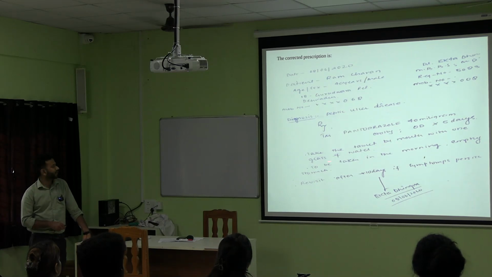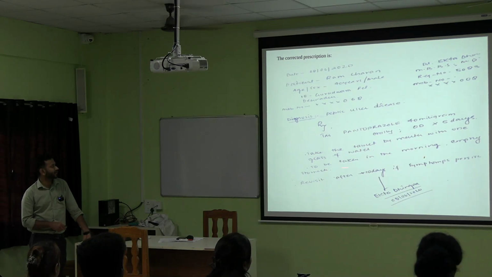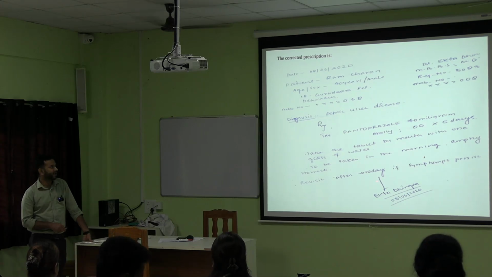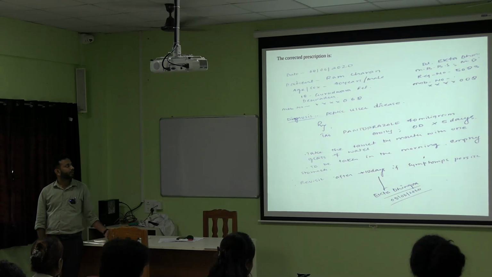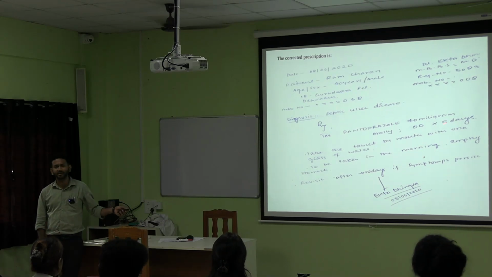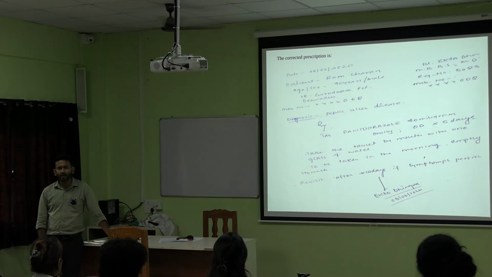Then this is the transcription: take the tablet by mouth with one glass of water, to be taken in the morning, empty stomach. Revisit after 10 days if symptoms persist. So this is the corrected prescription. Also 5 days here is insufficient. Make it 14 days.